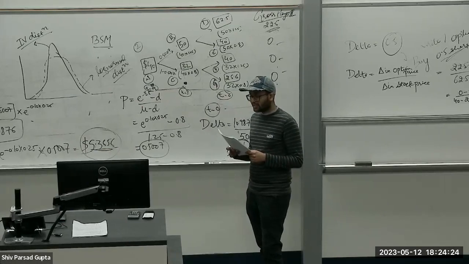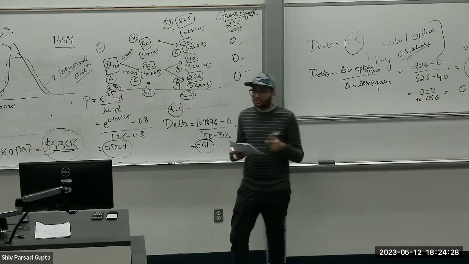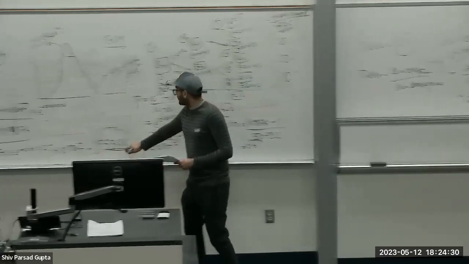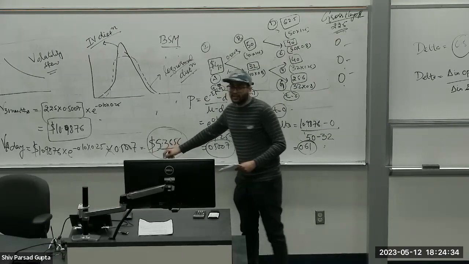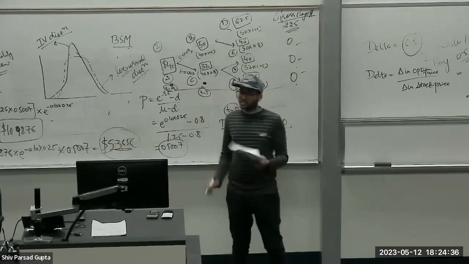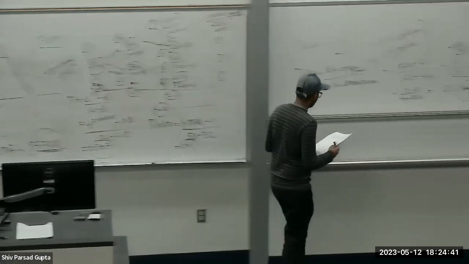So if the value of the option is 5.3656, but it is currently trading at $5, it means it is cheaper in the market. So if it is cheaper in the market, what do we need to do?